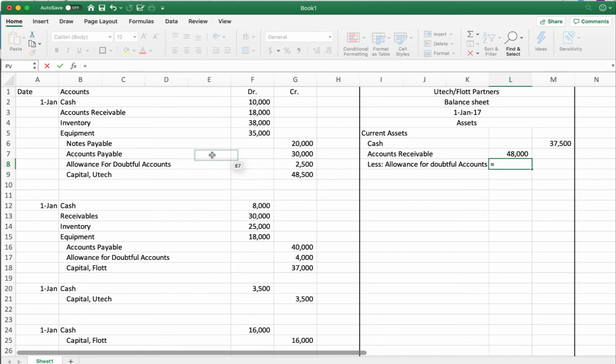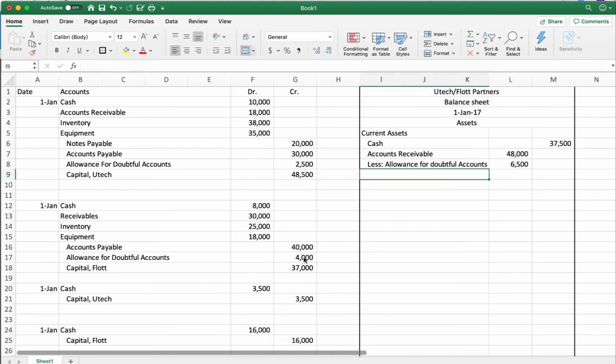The first journal entry we did, UTEC, has allowance for doubtful accounts of $2,500 plus Float has allowance for doubtful accounts of $4,000.